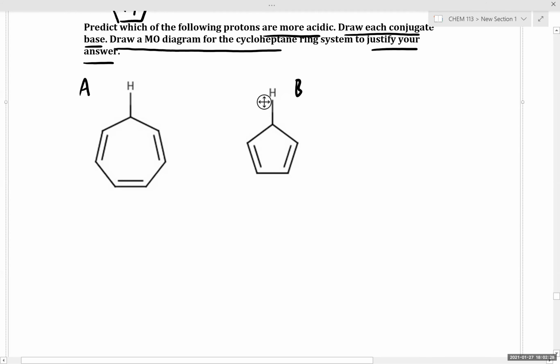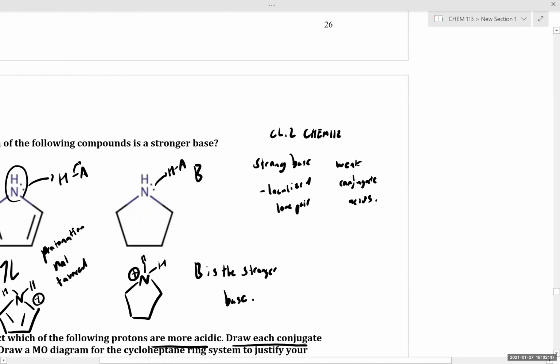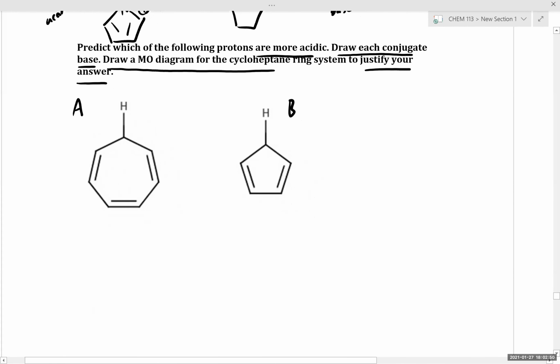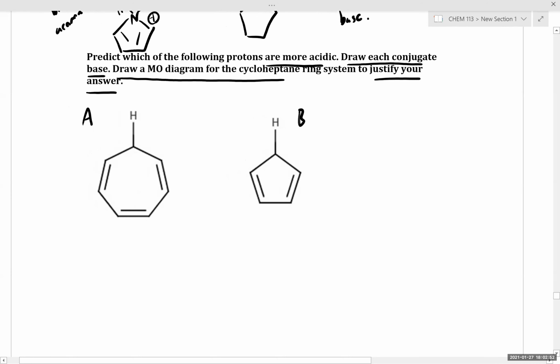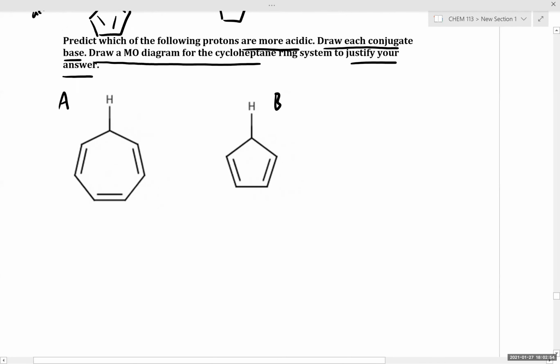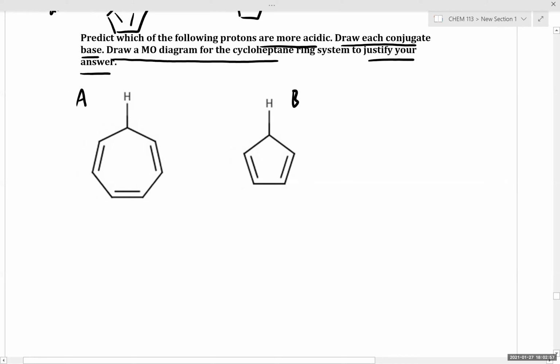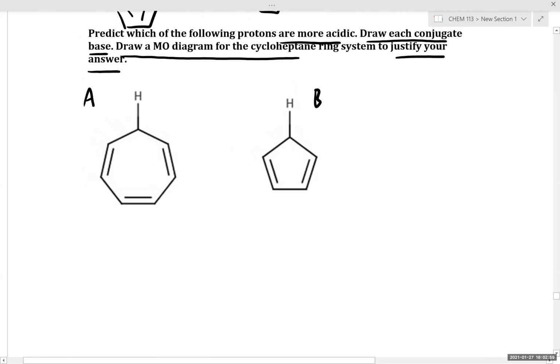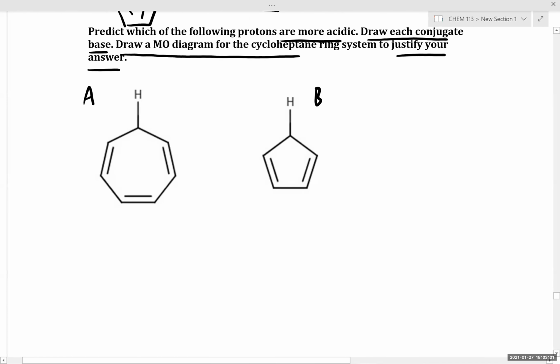So let's work on this example, and don't be shy to share your thoughts in the chat verbally, or of course with the annotate tool. As this problem asks for us to draw an MO diagram for the cycloheptane ring system given in this problem, I'd like to see a sample MO diagram so I can get a sense of how the class is tackling this problem and any feedback that I could possibly provide. Does everyone understand what we're doing right now?